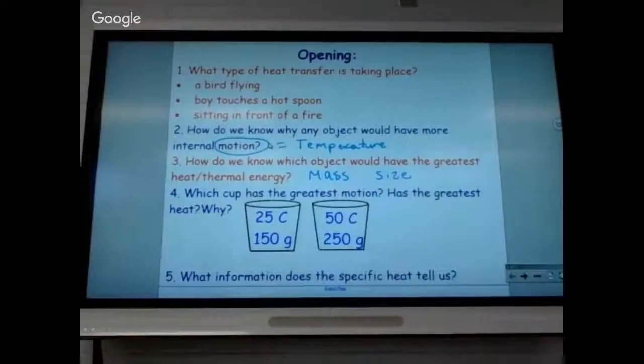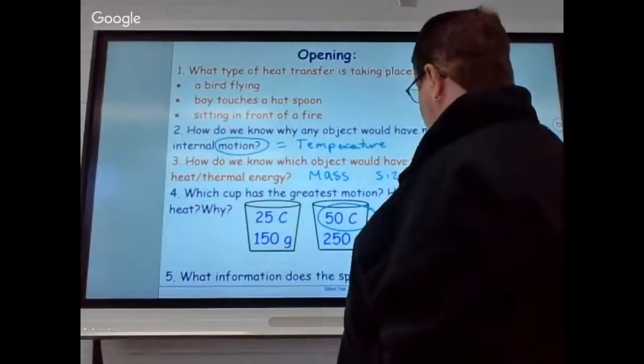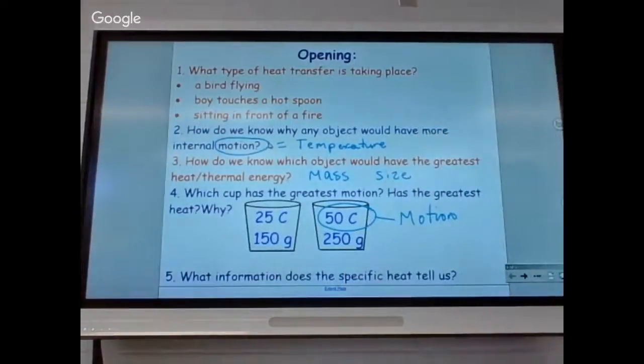What tells us greatest motion? The temperature. So which one of those cups has the greatest motion? Cup A. That's right. The 50 degrees right here. The 50 degrees tells us we have the greatest motion, because temperature is motion.